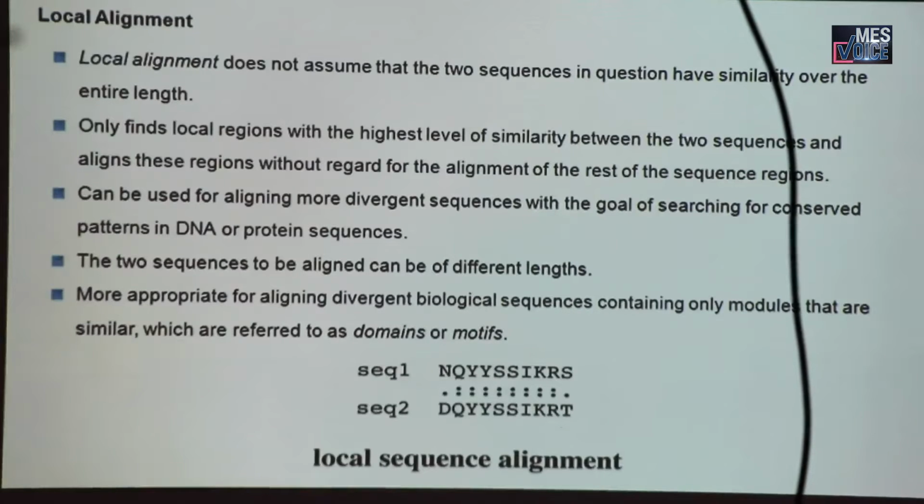Then in local alignment, it does not assume the two sequences by their length. Here the length is not a factor. It only finds the local region of similarity. Here the similar regions are considered.